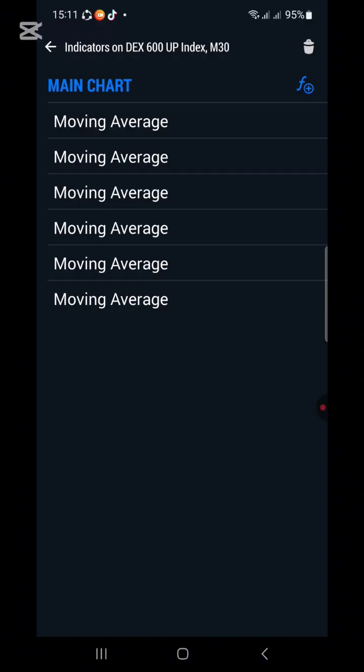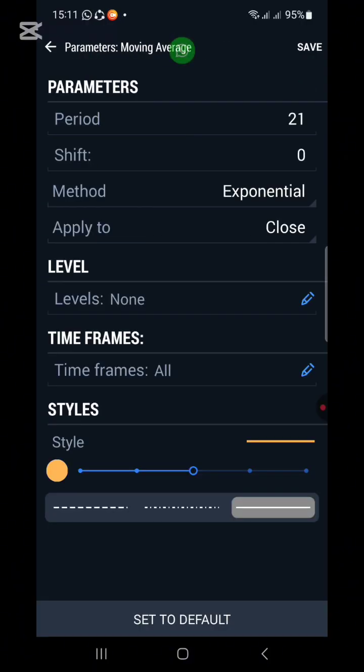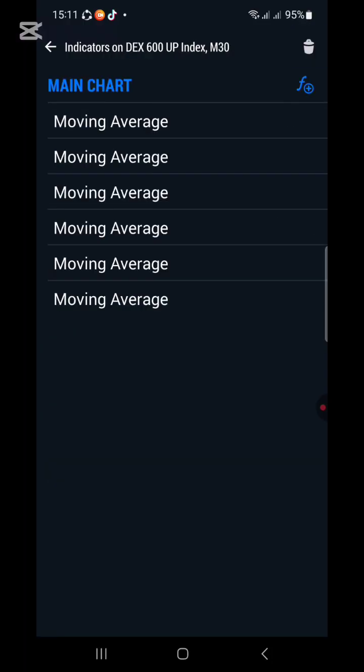The last EMA, you add this gold EMA, period 21, shift 0, method exponential, apply to close, levels none, time frame all, color gold, save.